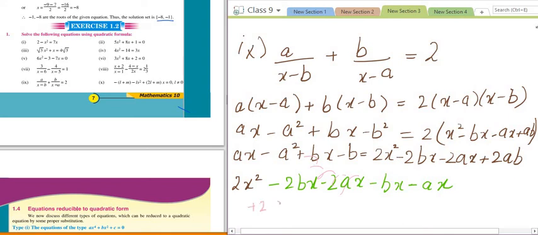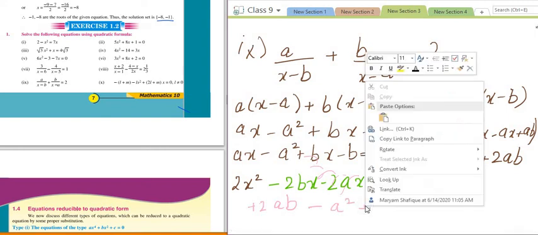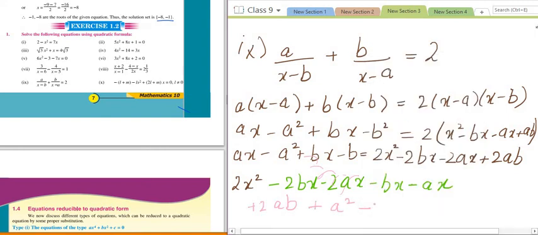Plus 2ab. Shift the constant terms from the left to the right. Minus a square, sorry, plus a square plus b square, clear, equals to 0.